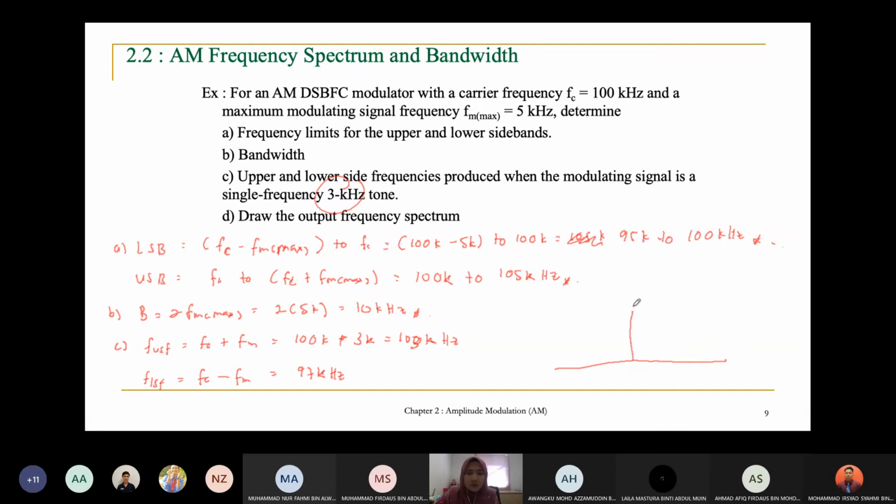Remember, the signal in the middle is the carrier signal.